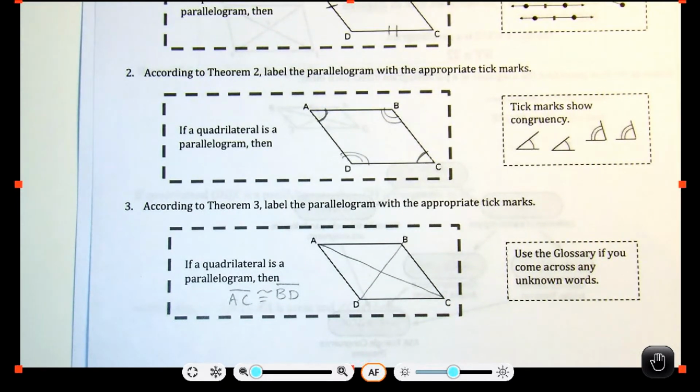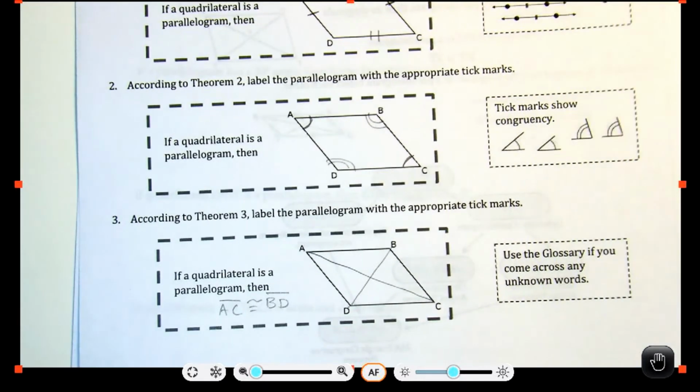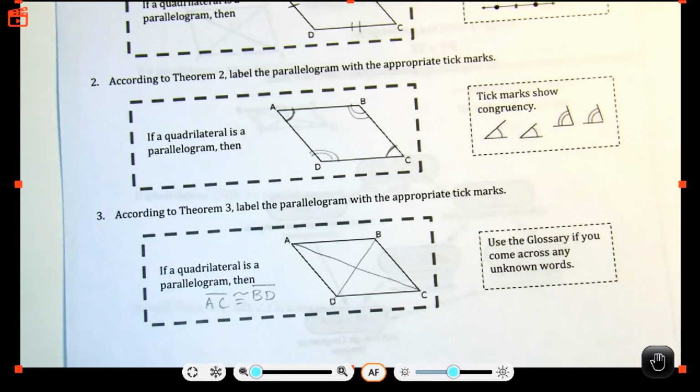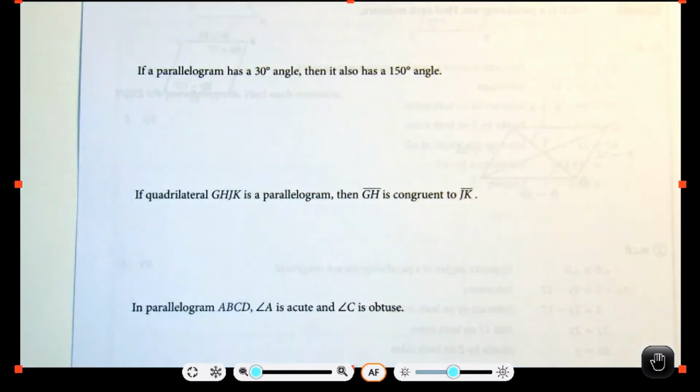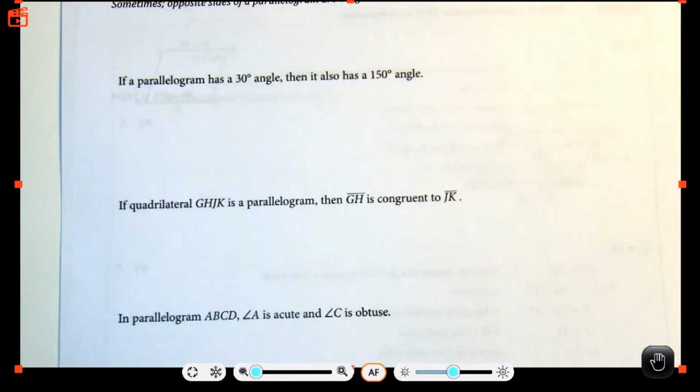Okay, so now let's use these theorems to solve problems. And we're actually going to be going straight to page 16.